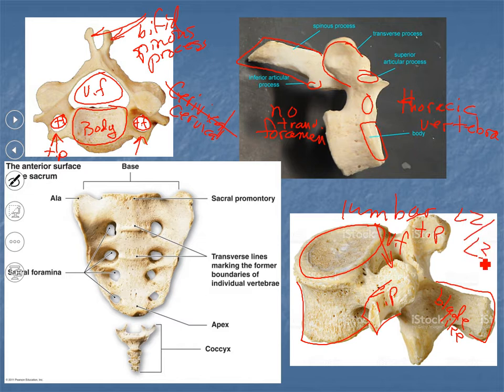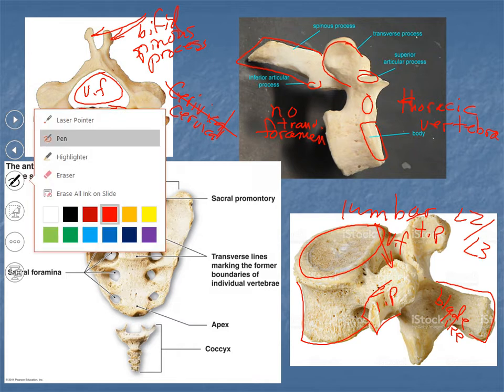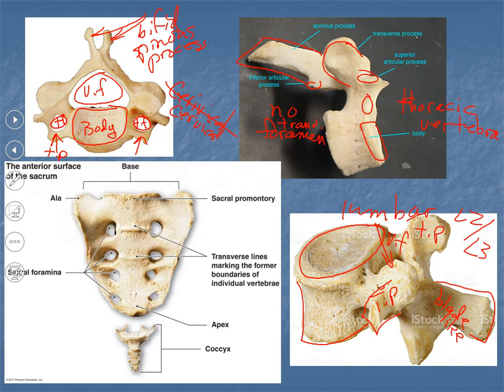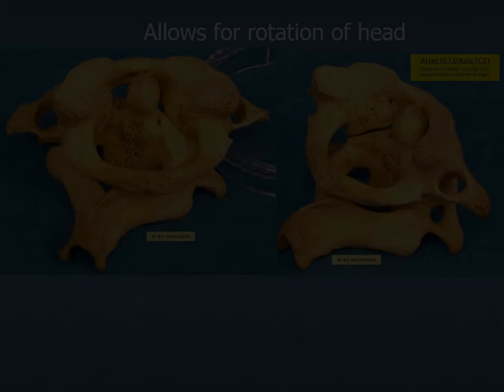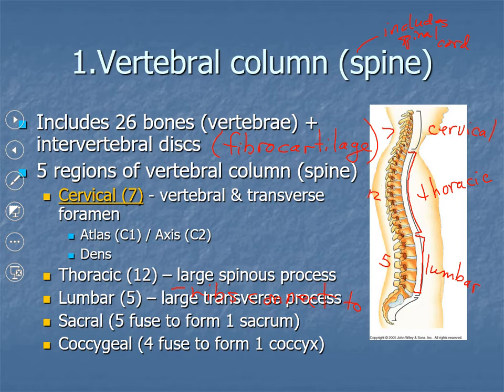So that tells you a little bit of a difference in the size of the vertebral foramen at that point. But that's the lumbar region, okay? So there's 5 of those. Back, one more. Sacral is the next region that we find, and that's way down here.